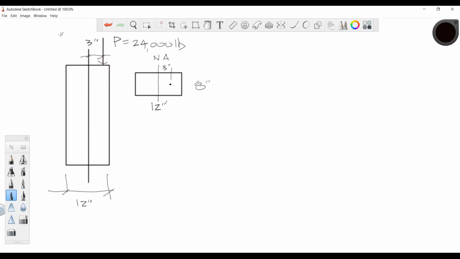Because of that offset, there's a moment happening here. It's putting this face in tension, and this will be in compression over here, due to the moment.